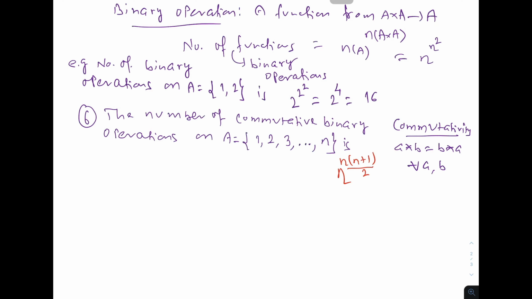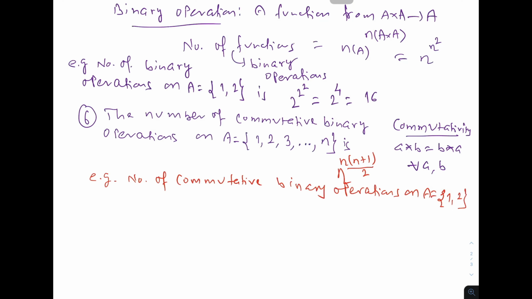So here suppose you are having like this, the number of commutative binary operations on say A equal to {1, 2} elements.